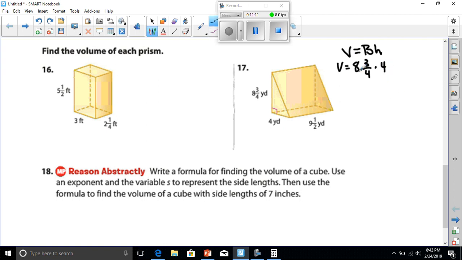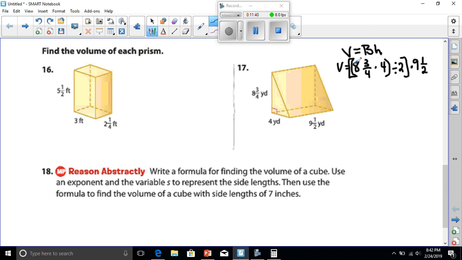We have to divide that by 2, as I recall. So I'll be dividing all this after I'm done multiplying it by 4. And then I'm going to have to go ahead and multiply that answer by 9.5. Wow, that looks like a lot of work. I guess I better get started.